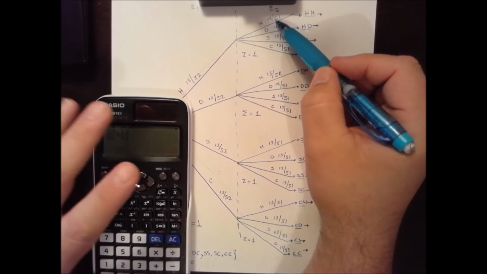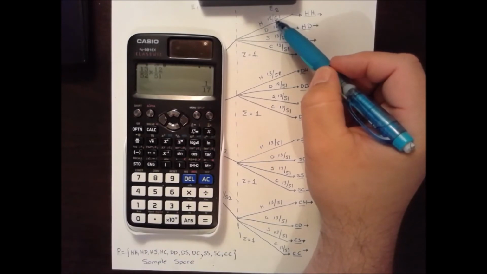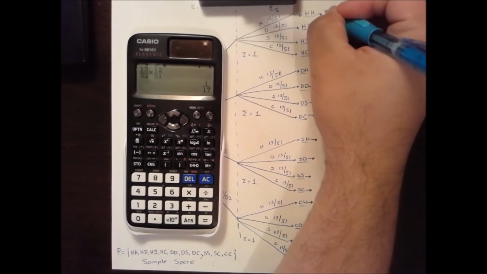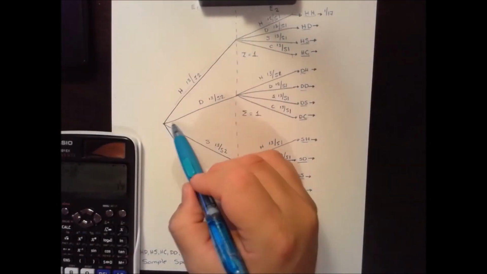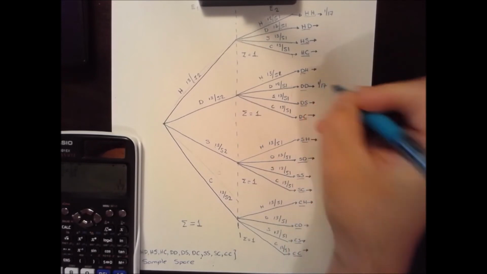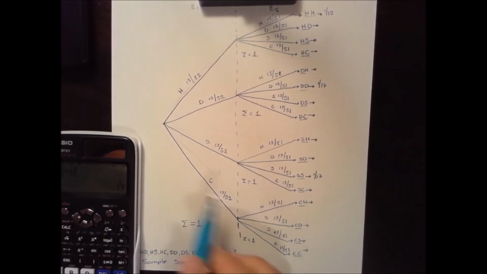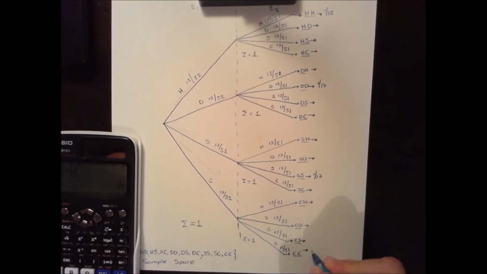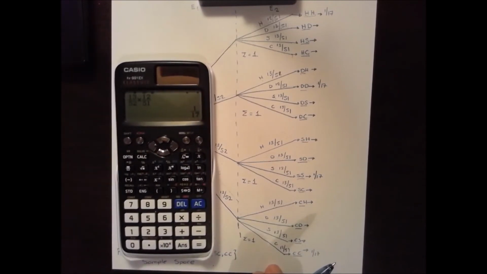In that case, it's going to be 1/17. In that case, it is 1/17. We have something similar like that one. For example, here is going to be 1/17, and here 1/17, and here 1/17. 13 over 52 times 12 over 51. Okay, like that one.